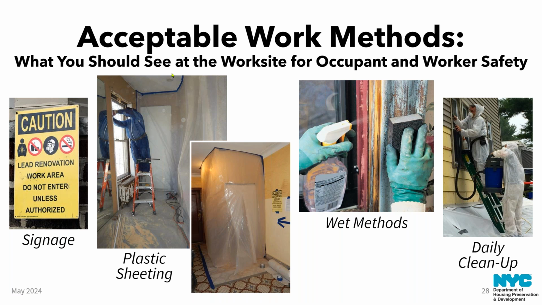You're going to see lots and lots of plastic sheeting covering the floor, covering the walls, covering the ceiling, and covering any openings such as windows or HVAC registers. And what that sheeting is going to do is ensure that lead dust and lead materials that are created are going to fall onto the sheeting rather than getting into the cracks in the hardwood floor and into the nooks and crannies in the apartment where they can still cause damage.